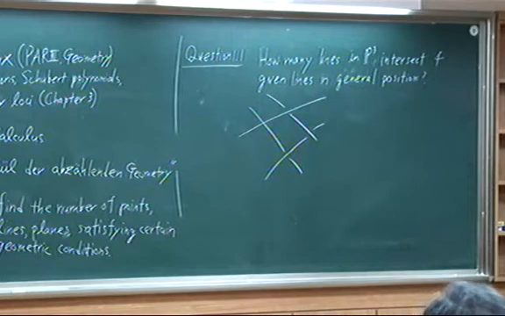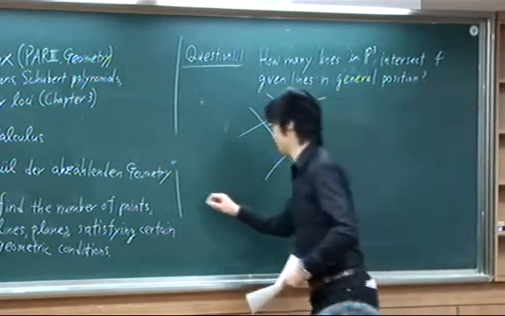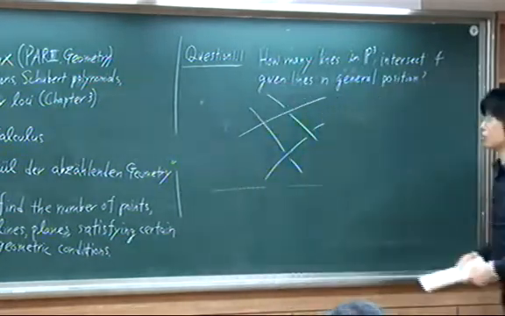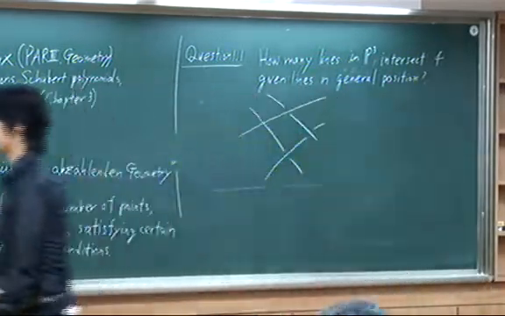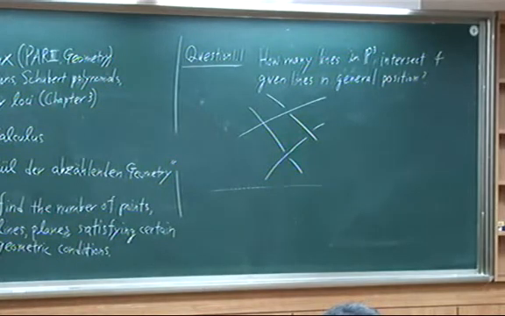So, Schubert's argument is as follows. First, he considers the cases when the first 2 lines intersect and the second 2 lines also intersect.